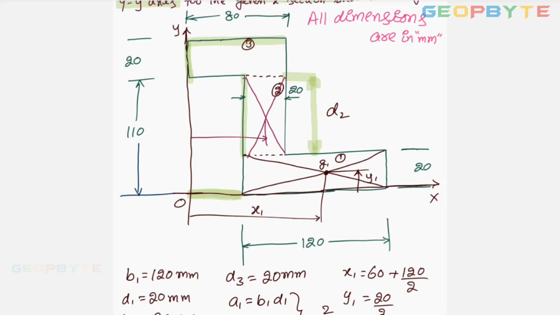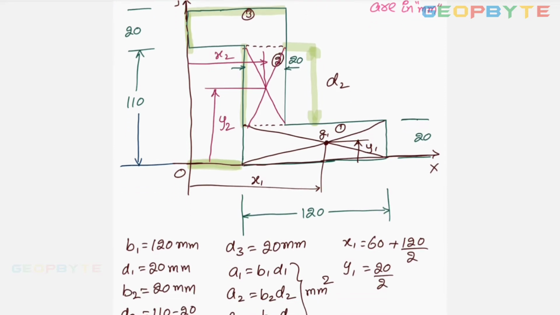Lines may be overlapping. To avoid that, it is better to draw upside like this. This is the x2 and this is the y2. We should be very careful because the space is limited.